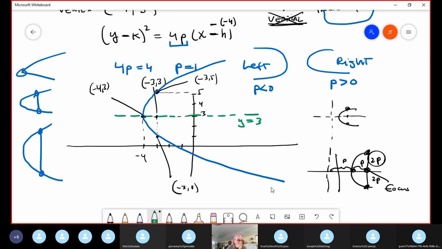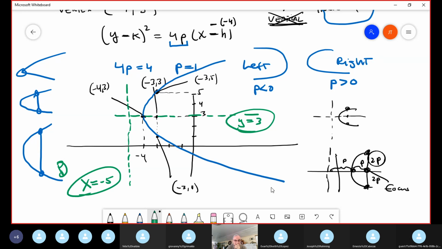This is -5, yeah. Passing through -5, like that. The directrix is the formula x = -5. The axial symmetry is y = 3. Directrix. This is the axis of symmetry.